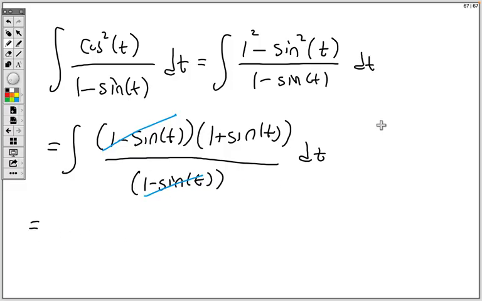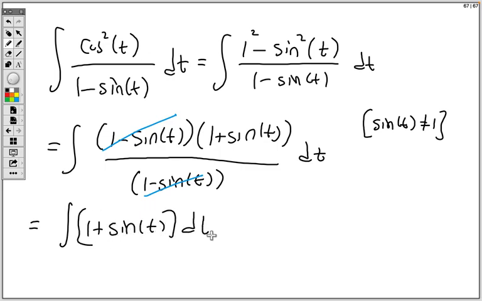Now, of course, when I cancel this out, I'm assuming here that sine of t can't be 1. It couldn't be 1 anyway in the original. So it's not like I'm losing anything here. Use some integral properties.